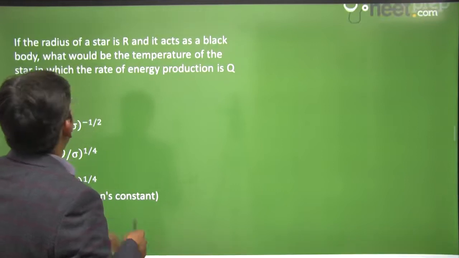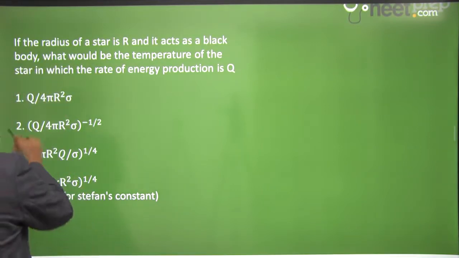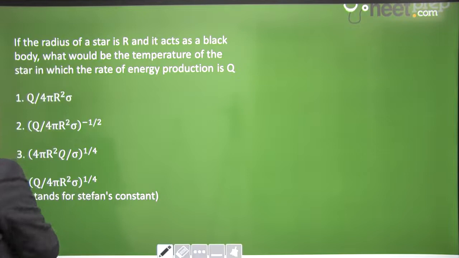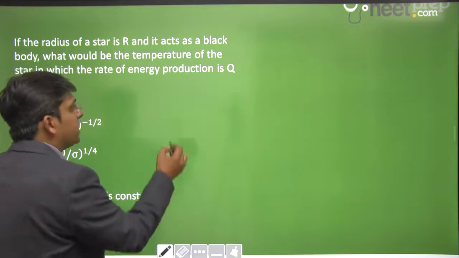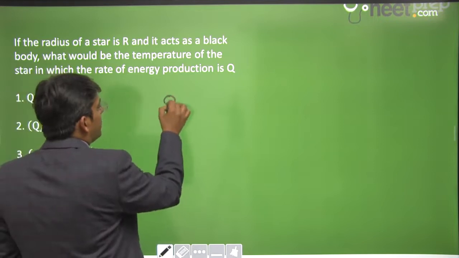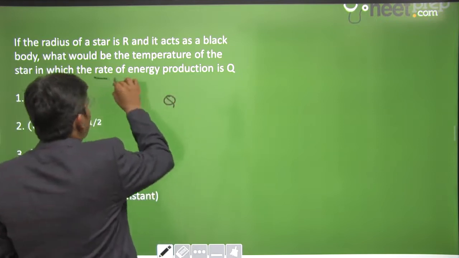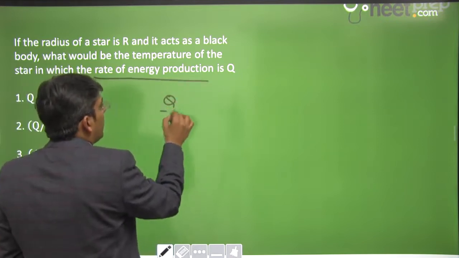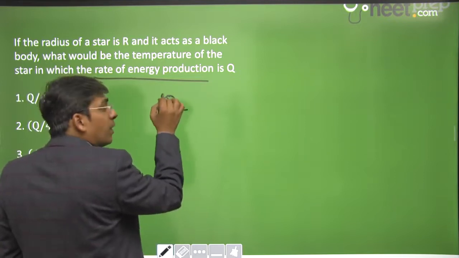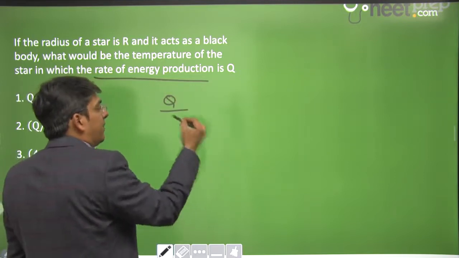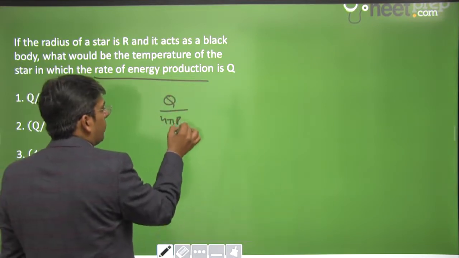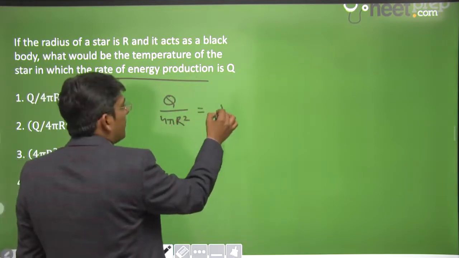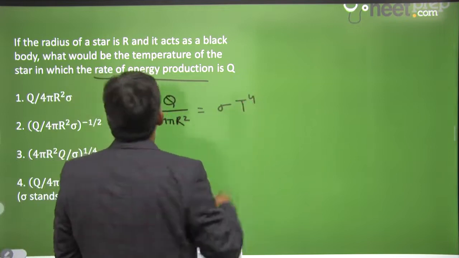If the radius of a star is capital R and it acts like a black body, emissivity being 1, what would be the temperature of the star in which the rate of energy production is Q? See, when they are saying rate, energy per unit area per unit time becomes energy production divided by area 4 pi r square, equals sigma T to the power 4.